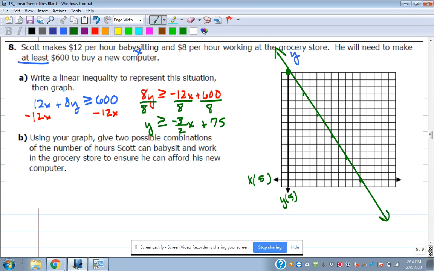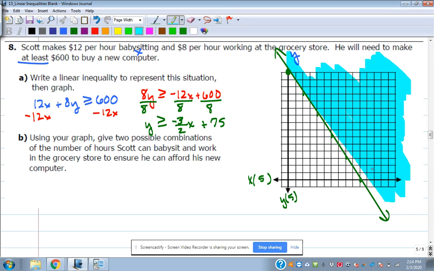No. Said that multiple times, folks. So that's false. 0, 0 gives us a false statement, so we're going to shade the other side. Our shading is going to be above that line. And any of the points in this shaded area work.